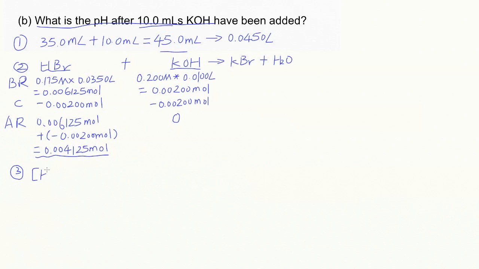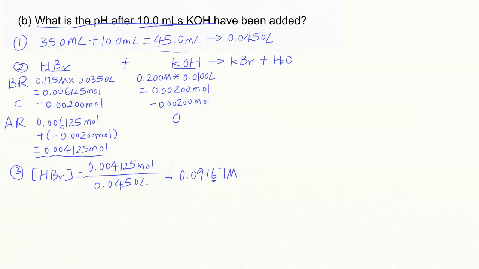So the hydrogen bromide concentration equals 0.004125 mole divided by 45 ml, that is 0.0450 liter, and that is 0.09167 mole per liter, 3 significant figures.